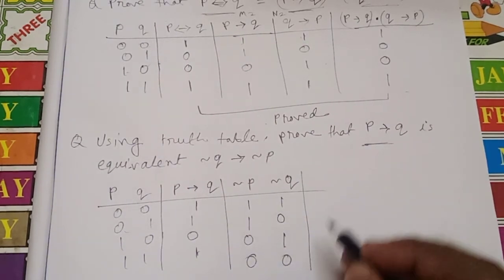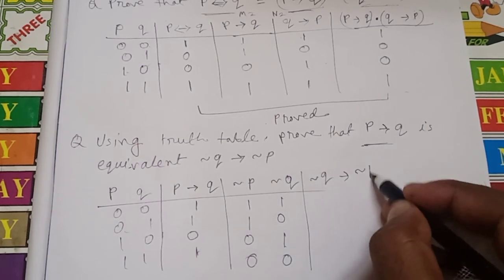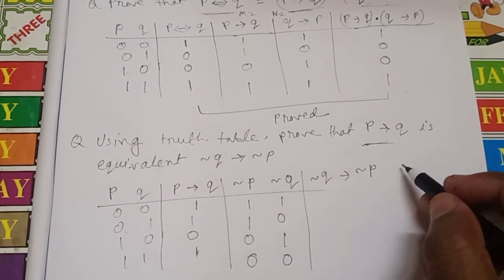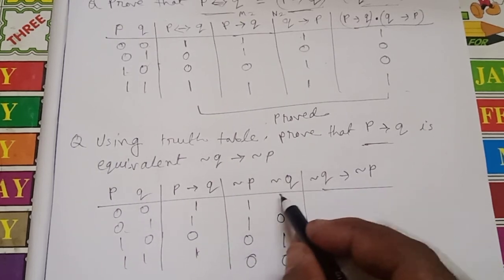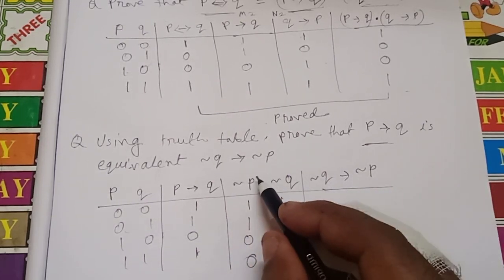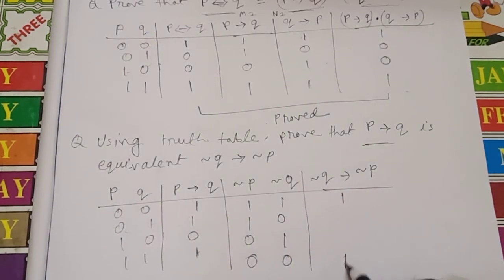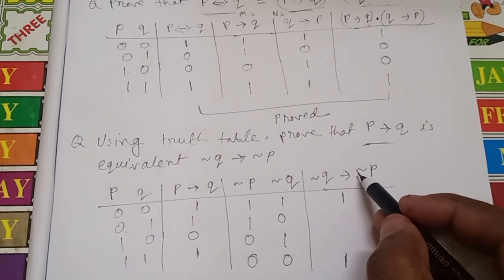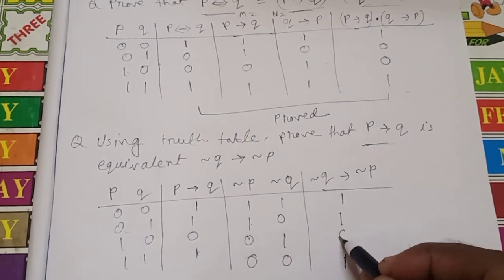Now we find not Q arrow not P. When both are the same, this time we consider these two, both are the same, we write 1; both are the same, we write 1. Now we move to not P; the value of not P is 1 0, so we write 1 0.